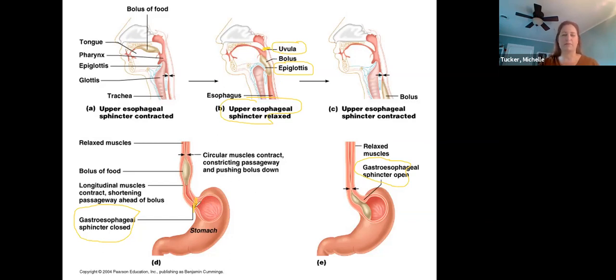That's heartburn, and it would damage the esophageal lining. So both of these sphincters, unless the esophagus is being utilized, are going to be closed. So you do need to know the structures, the uvula, the epiglottis, the upper esophageal sphincter, and the lower esophageal sphincter and their functions.